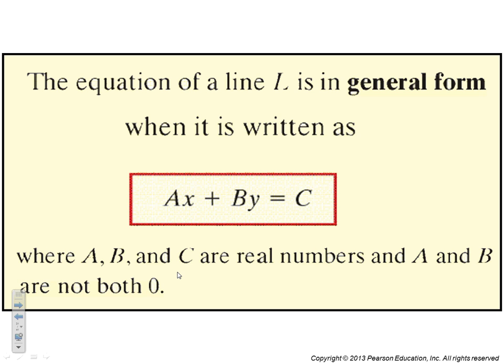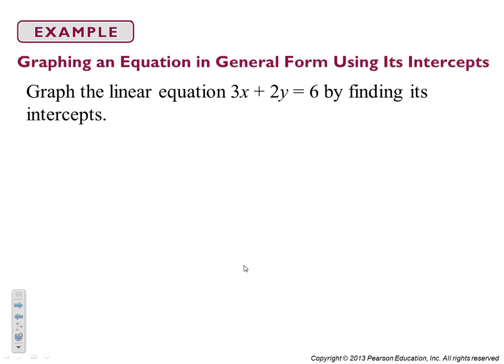All right, graphing lines using the general form. So this is where it gets crazy. When you have x and y on the same side and the constant on the right-hand side, that is the general form. So if I get a similar equation in general form, you can find the x and y intercepts.